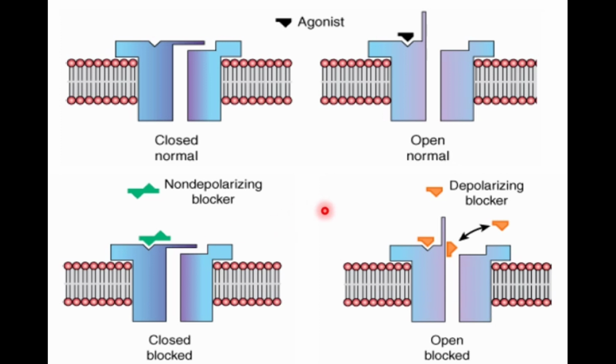Antagonists at the nicotinic receptor at the neuromuscular junction are called non-depolarizing blockers to distinguish them from depolarizing blockers like succinylcholine.